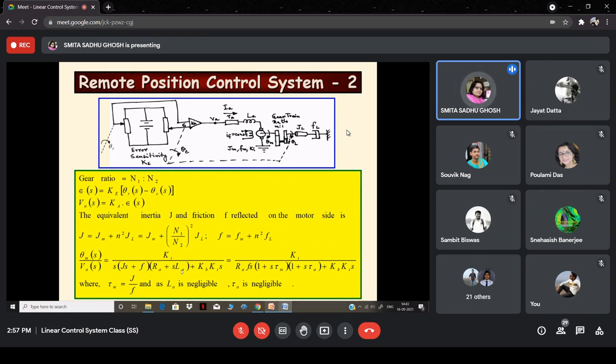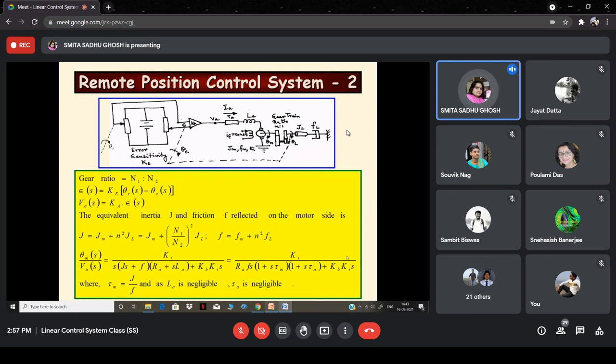So now from this model, taking Ra and F common, we can express it in the time constant form like this, right? So (1 plus s tau m) whole into (1 plus s tau a), etc. The rest of the things remain as they are. I'm not reading out all this, you can see that, right?